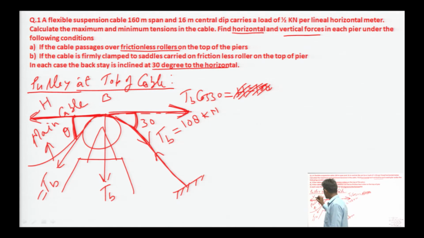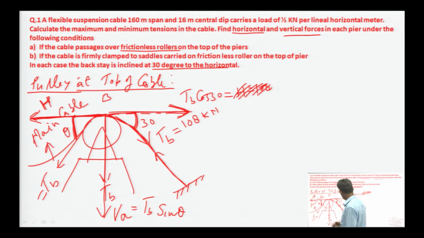This value is H, and this vertical component is VA. If this is theta, then it is TB sin theta, and that value is VA. And this one component is TB sin 30 degrees. So, what is the vertical component?